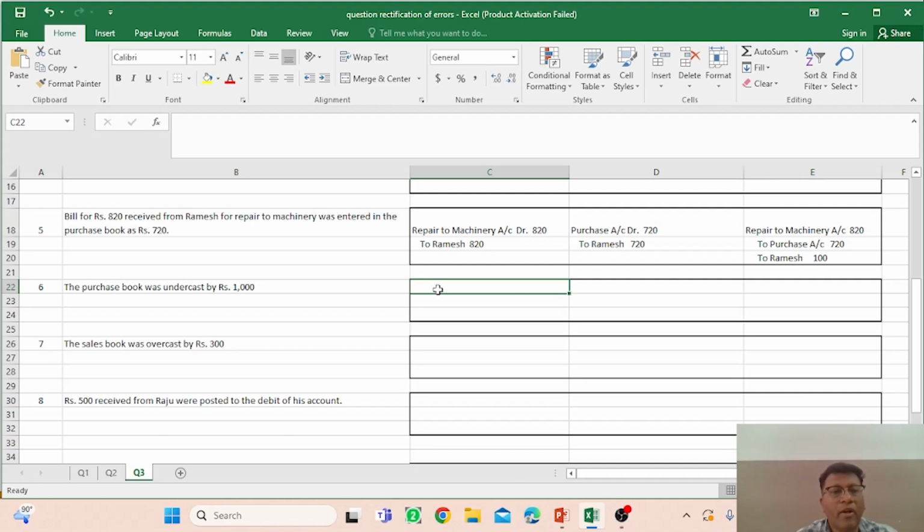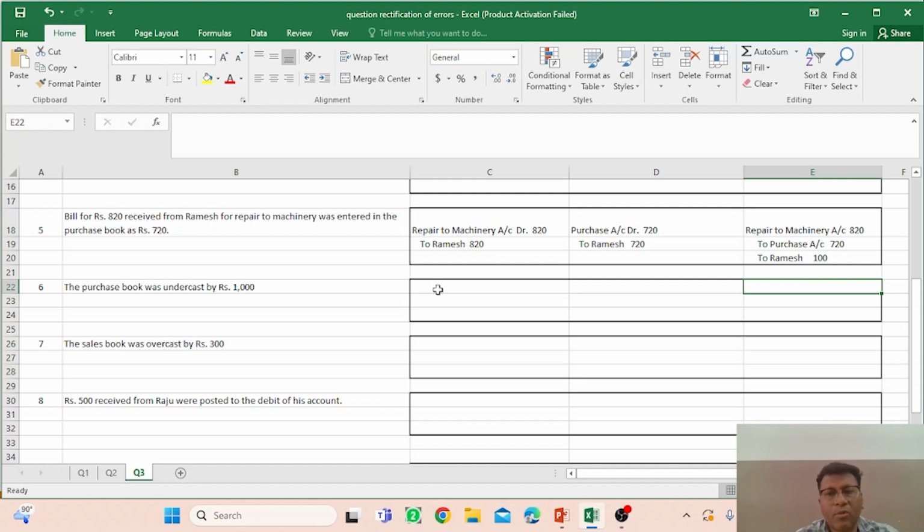First of all, you have to think that the suspense account would be used over there, so there is no need to make the correct entry here. So you just leave this column blank, and since it was undercast, you have to correct it directly. So the purchase book was undercast.